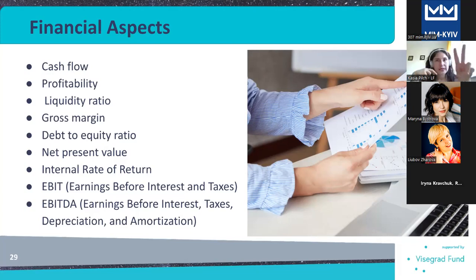So, two last indicators. EBIT is earnings before interest and taxes. EBIT equals revenue minus operating expenses. Revenue is the overall income from the sale of products or services.